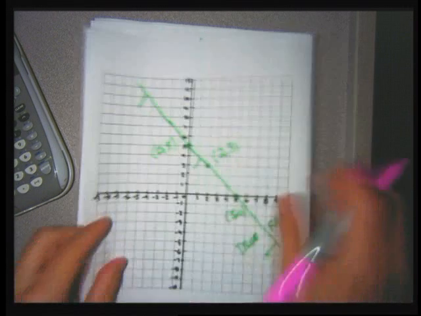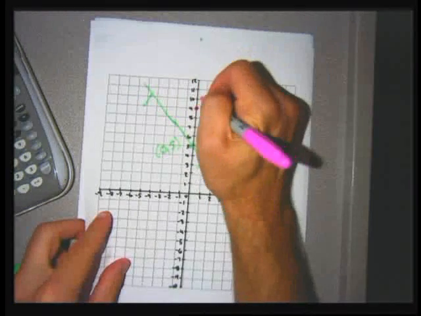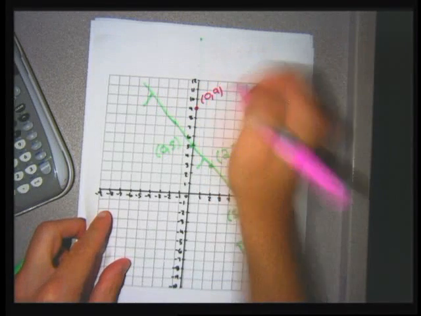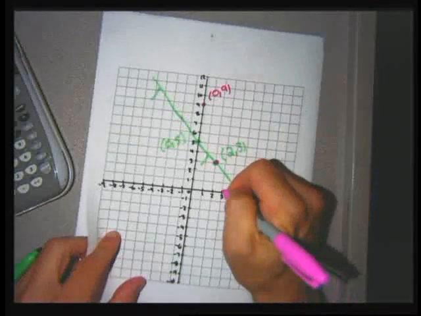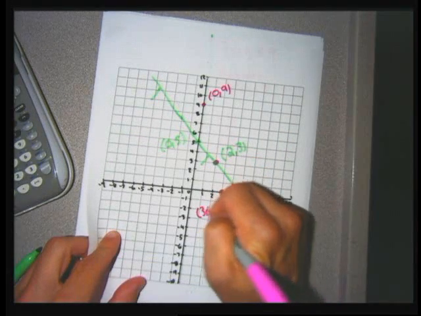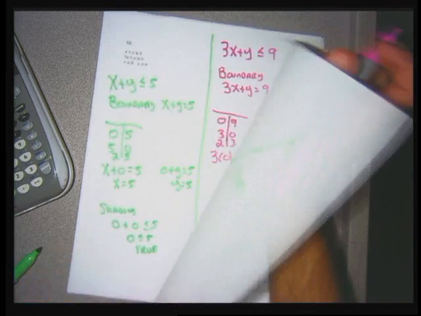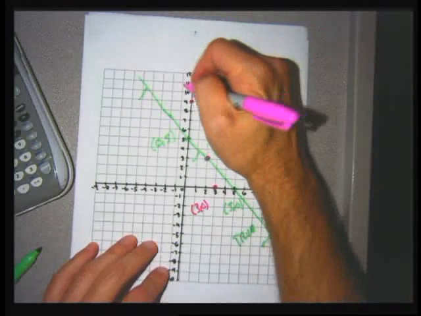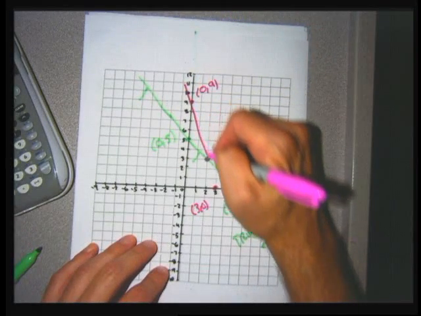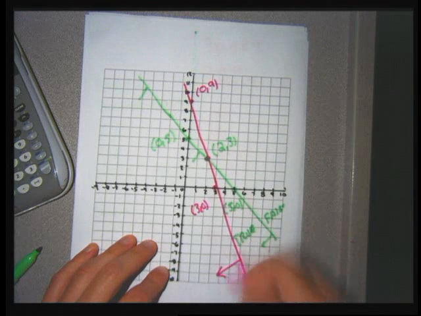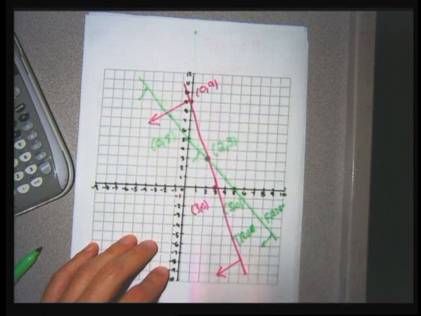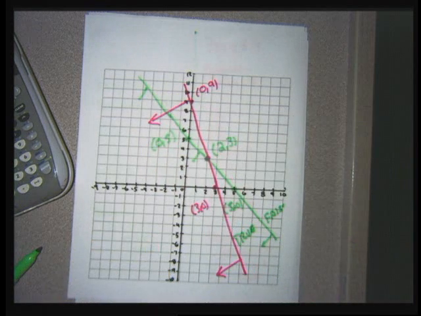So 0, 9 is up here. 2, 3 is already plotted, and 3, 0. And it's a solid line, which is probably the best, because sometimes I forget to do my dash when I'm supposed to. And my shading is supposed to go towards 0, 0, because 0, 0 was a true point.